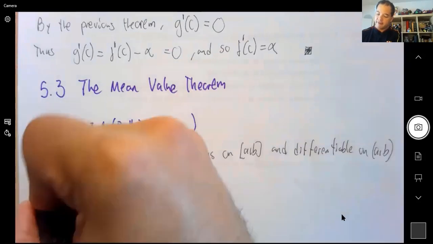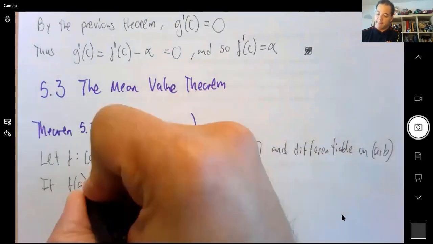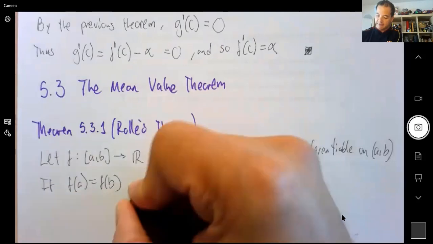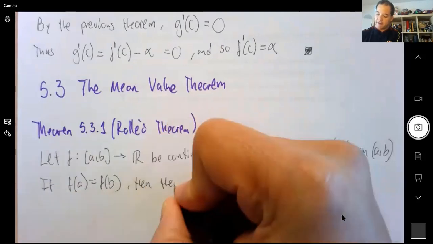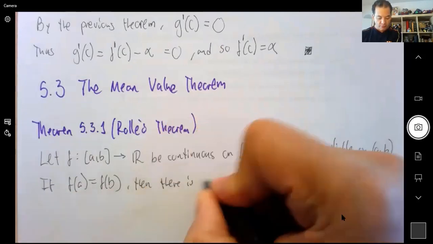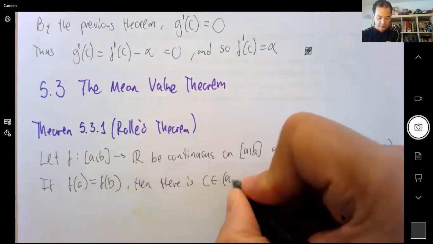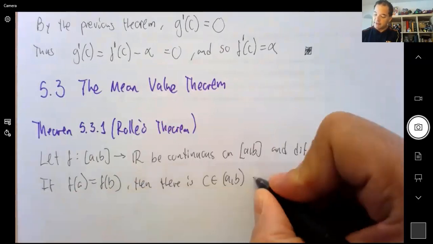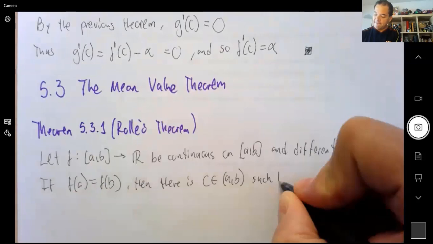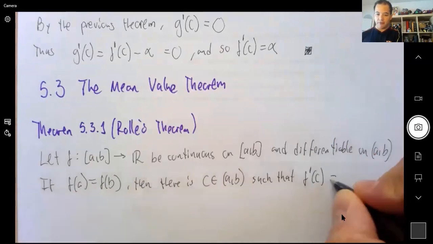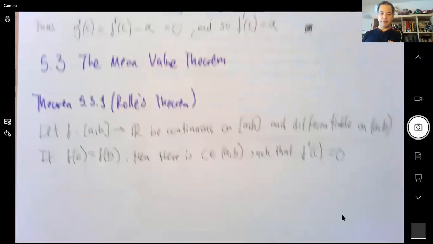If f of A equals f of B, then there is C in the open interval AB such that f prime of C is 0. All right? That's what it says.